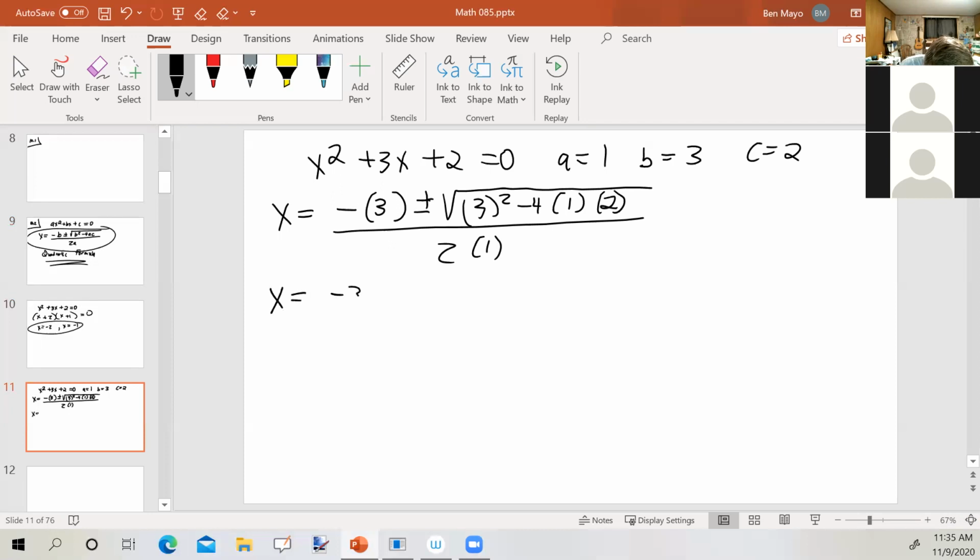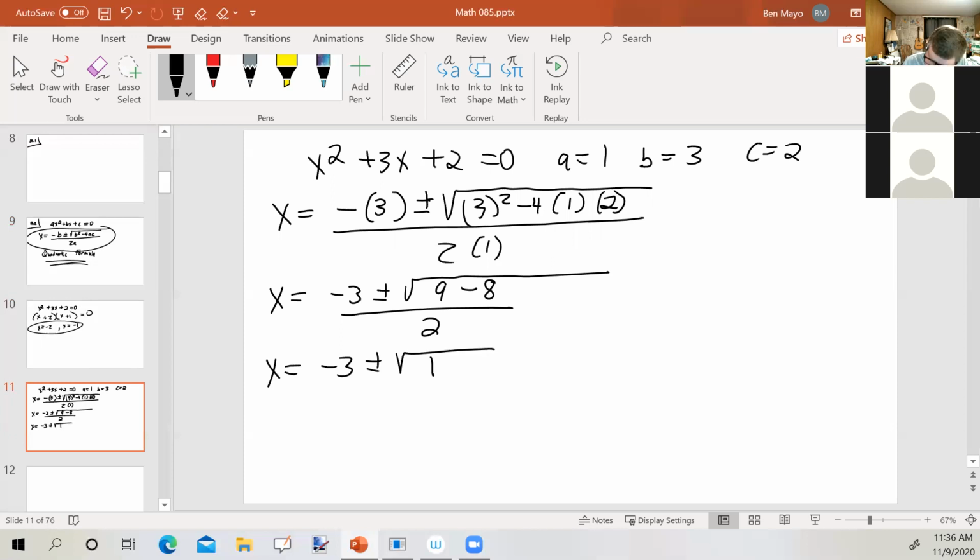x equals -3 plus or minus the square root of 9 minus 8, because minus 4 times 1 times 2 would be -8, all over 2. Continuing to simplify, x equals -3 plus or minus the square root of 9 minus 8 is 1, all over 2.